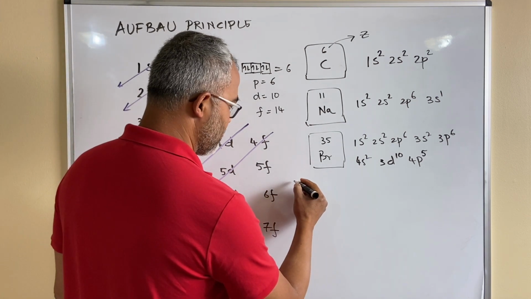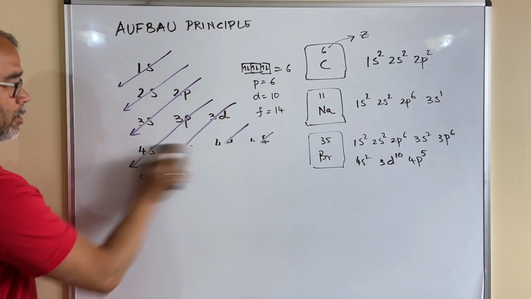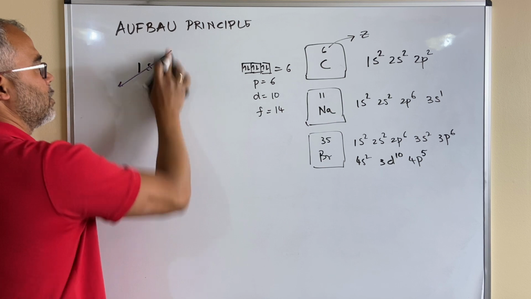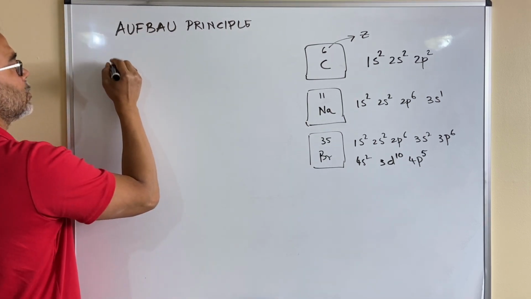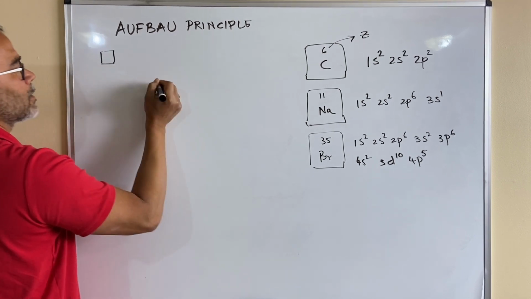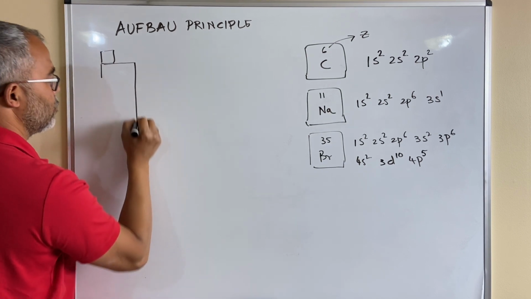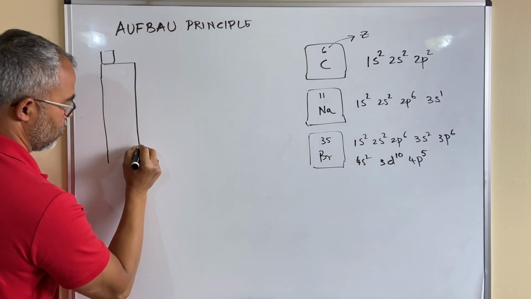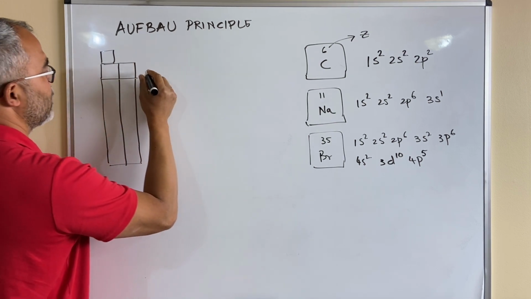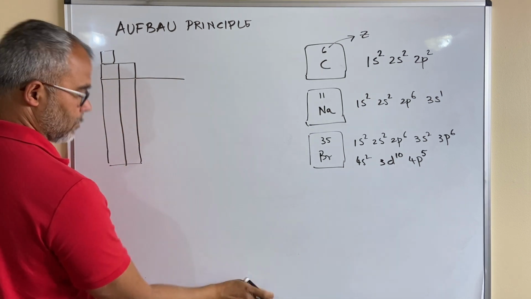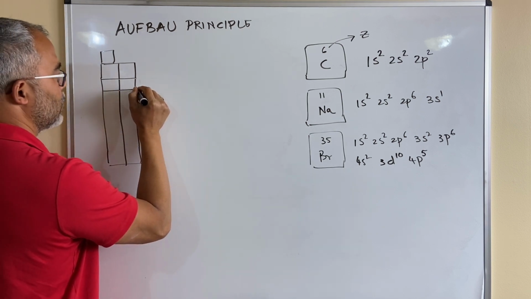I'm going to erase this since we don't need it, and draw a small miniature version of the periodic table so we can look at it together. The periodic table has one box out here, and then two columns out here, and then another one out here.